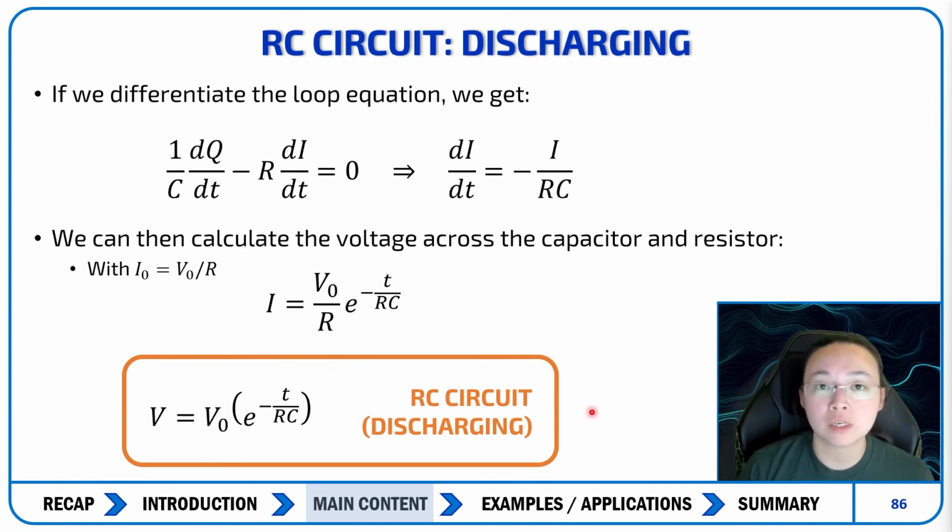So there are two equations to know of that we won't really expect you to apply. The concept is more important. Know about the differences between charging and discharging a capacitor in a circuit, and the fact that there's an exponential dependency on time for each of the voltages.